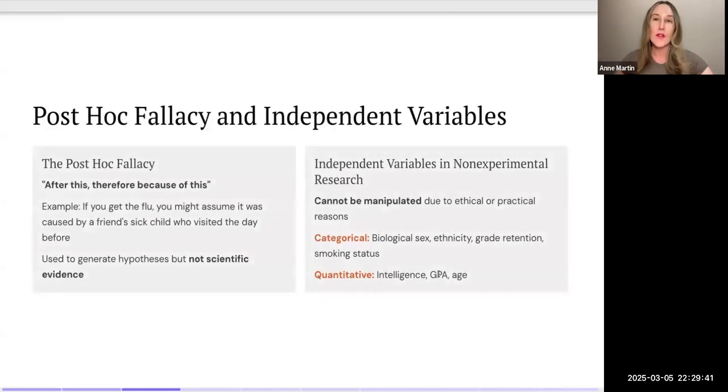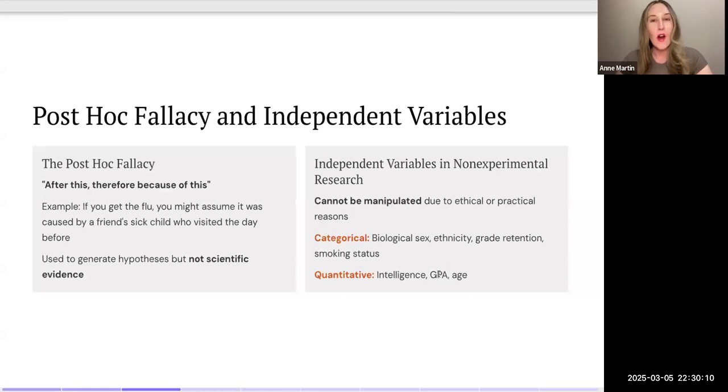The post hoc fallacy is the idea that just because something happens before another, and so there's a relationship, that doesn't mean that the first thing caused the latter. An example might be if you get sick, you might assume that it came from your friend's child who came to visit you yesterday because they were sick too. There's a relationship there, but that doesn't prove causation.